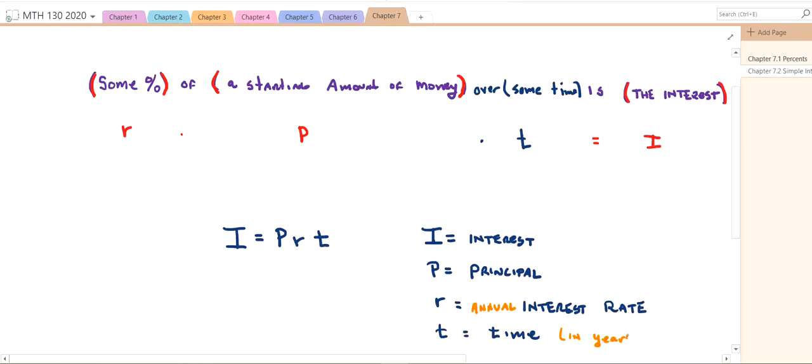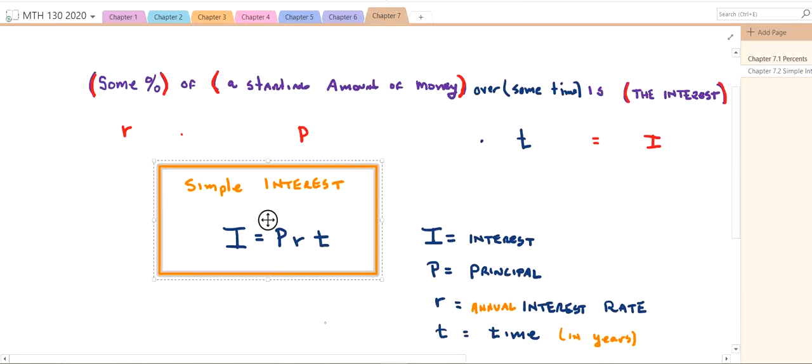If we set it up like this, then we call this the simple interest formula. But as you can see, we're just doing the same thing we did before, except we added a third term here. This is a reasonably easy relationship to memorize, and it's probably a pretty good one to memorize if you have to memorize something.